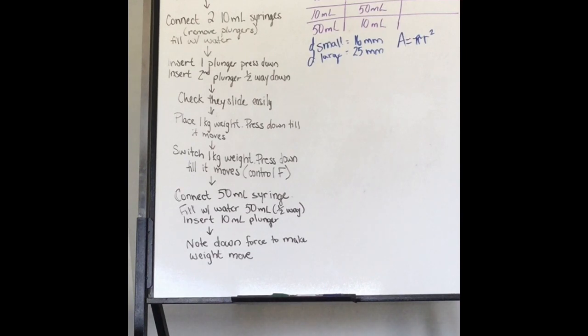That one I said took less effort, so you should say less than control. The 50 mil is the one I pushed on, and the 10 mil is the one holding the 1 kilogram weight. I said that took more effort, so more force than the control.